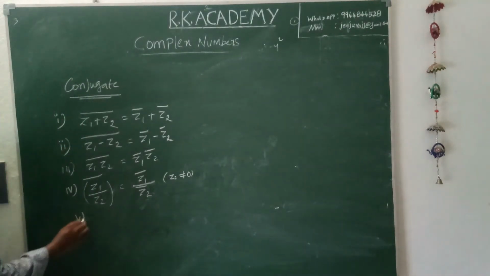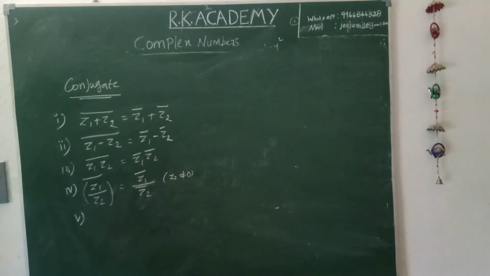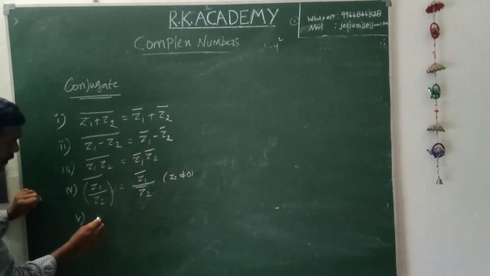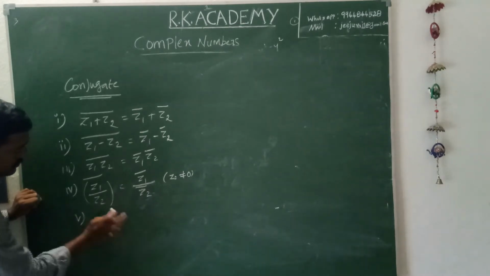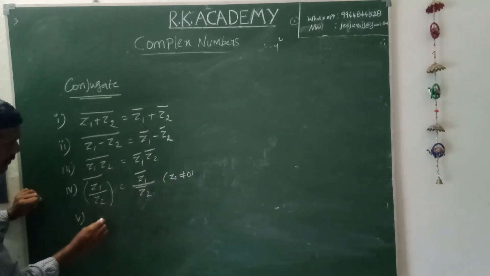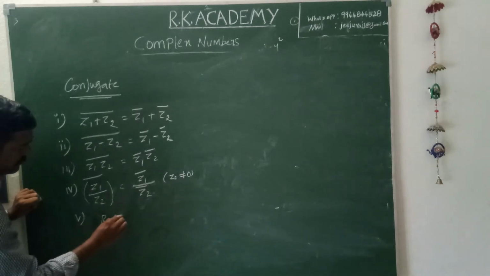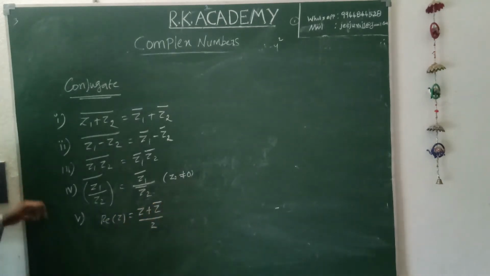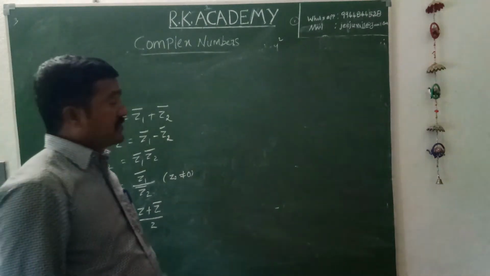Fifth one. Listen. Real part of z is equal to z plus z bar by 2. I think it's in the exercise problem.